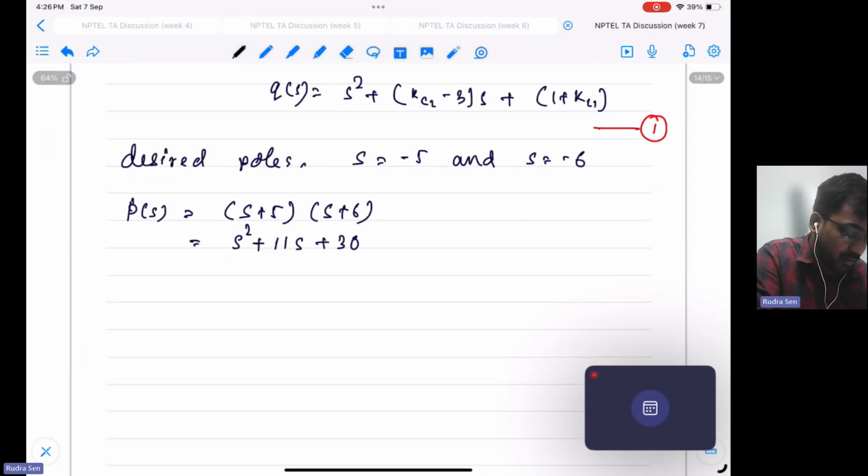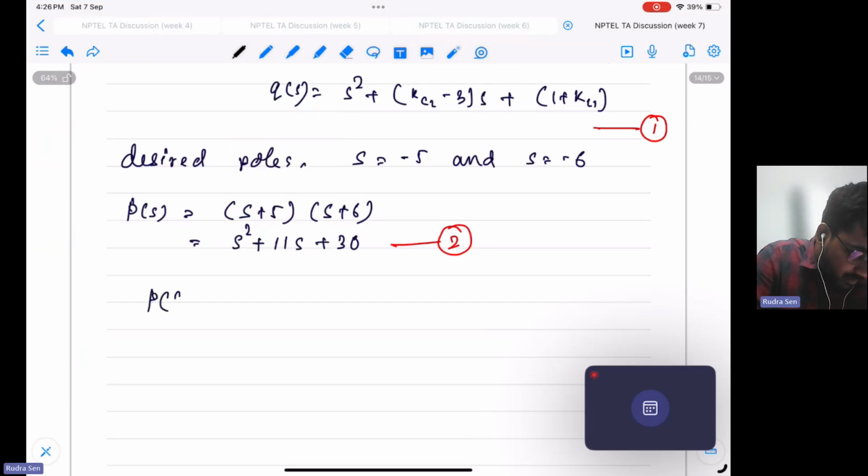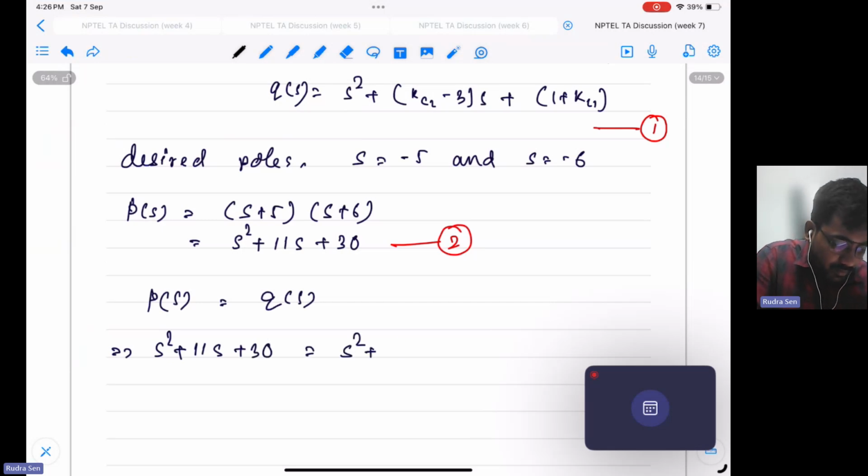Now equate equation 1 and equation 2, so P(s) equals Q(s). We get s² + 11s + 30 = s² + (Kc2 - 3)s + Kc1 + 1.